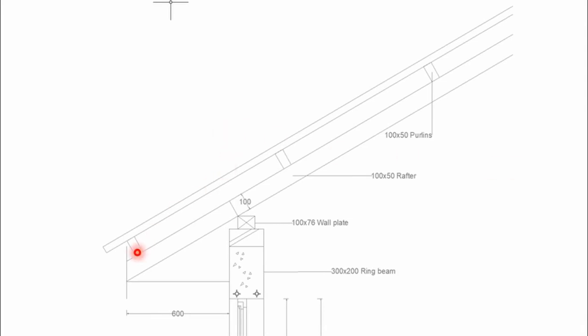Then you place your roofing material, and because it is a corrugation, we shall have one line on the purlin, and then measure 40 millimeters for corrugation to be able to get the second line.